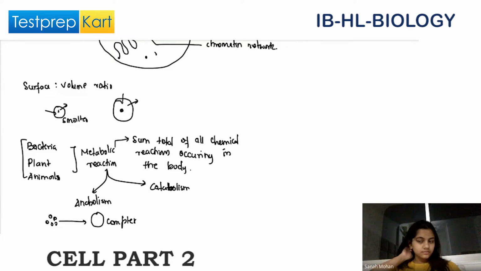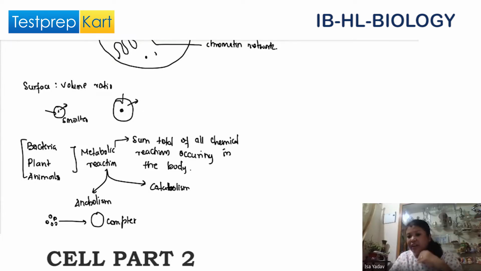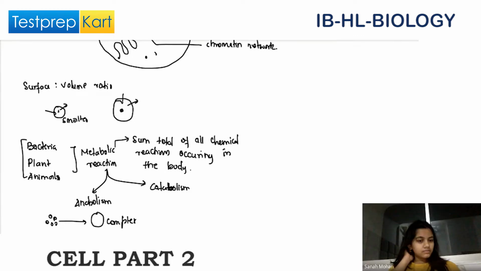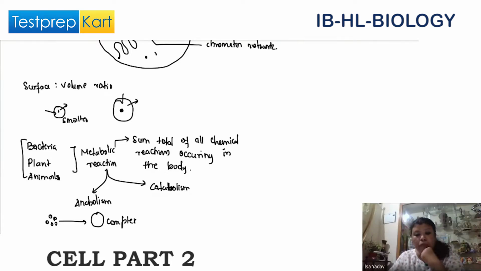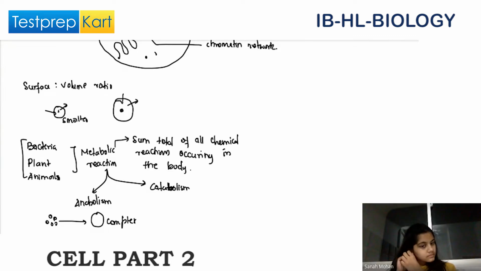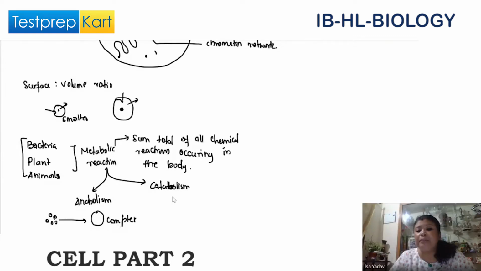Yes, ATP is also generated, and what else? Photosynthesis is a process by which plants make their food. So here plants will take simple components and then form larger components. Clear? Okay, so that's anabolism.